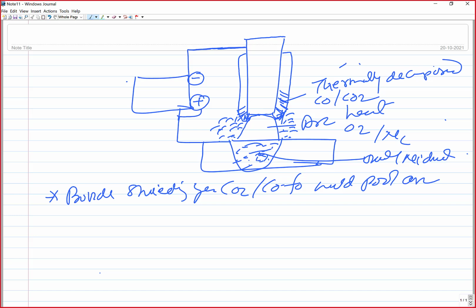Flux coatings thermally decompose and produce the shielding gases. That's one.